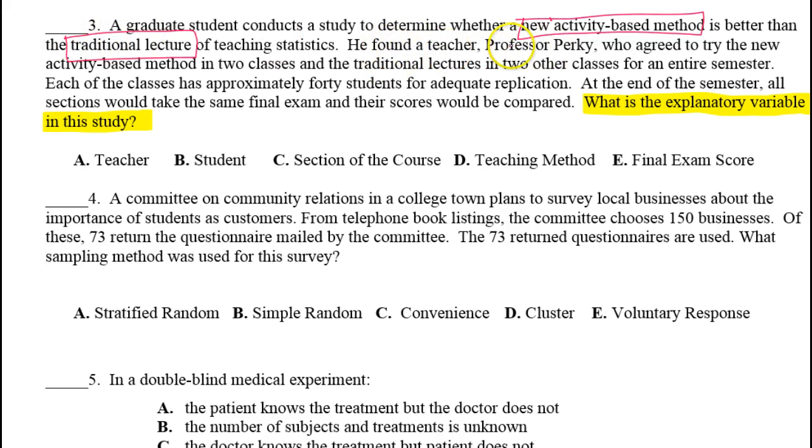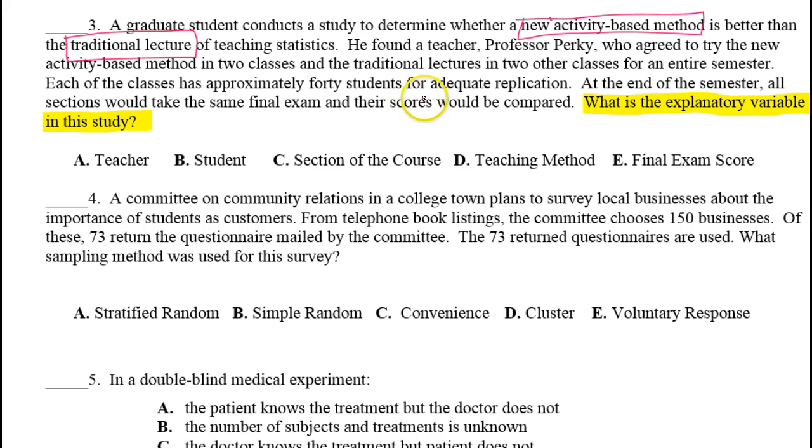He found a teacher, Professor Perky, who agreed to try the new activity-based method in 2 classes and the traditional lectures in the other 2 classes for an entire semester. Each of the classes has approximately 40 students for adequate replication. Okay, that means repetition. At the end of the semester, all of the students will take the same final exam, and then their scores will be compared.